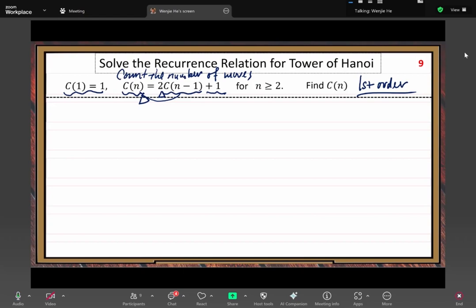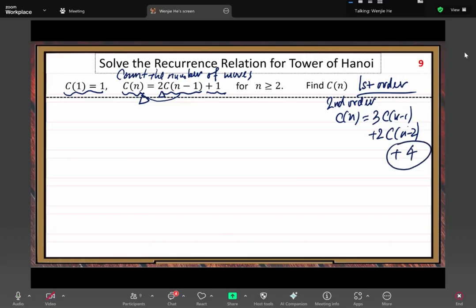Similarly, if I give you a size 2, order 2 case, or we call a second order case. If I write C of m equals 3 times C of m minus 1 plus 2 times C of m minus 2. Although I can plus some number, this number does not change the size.